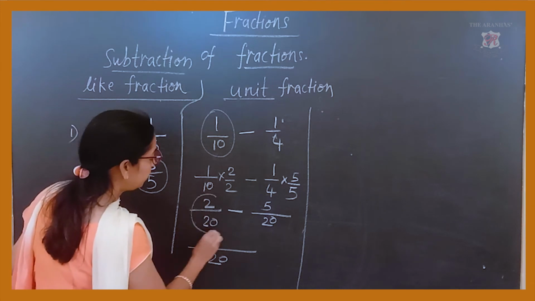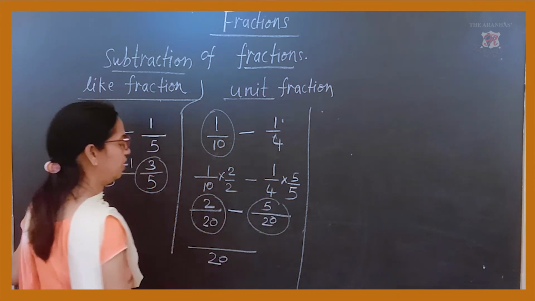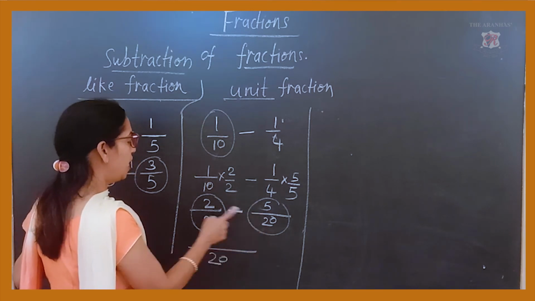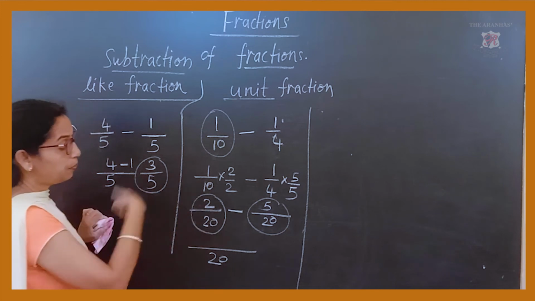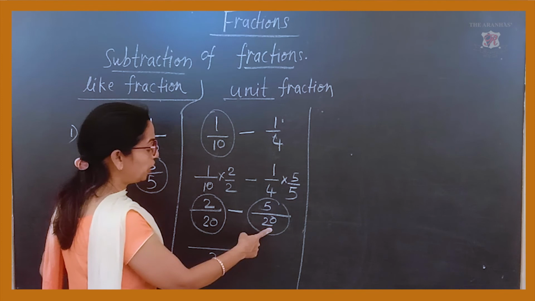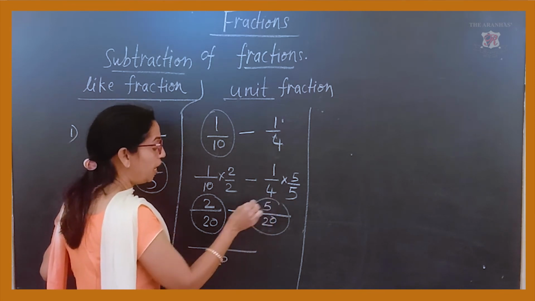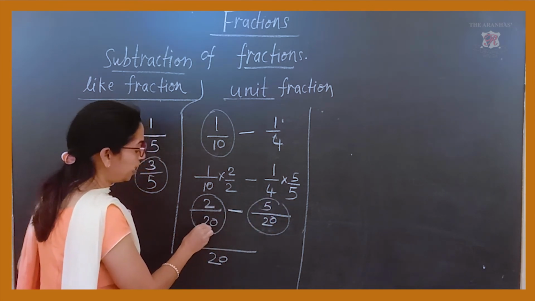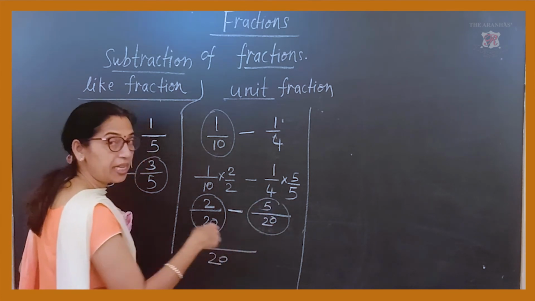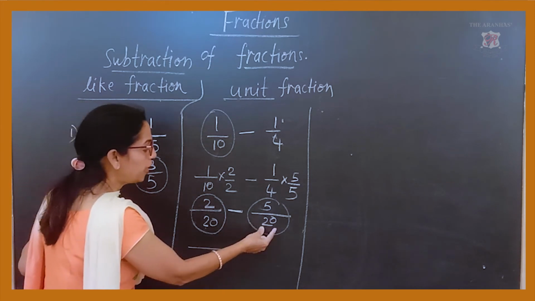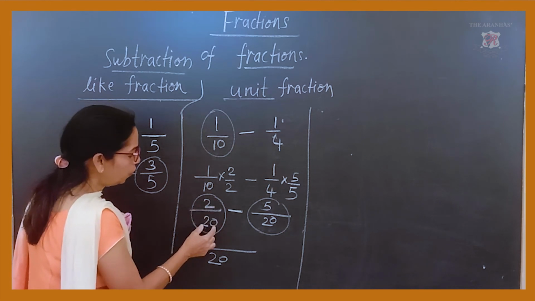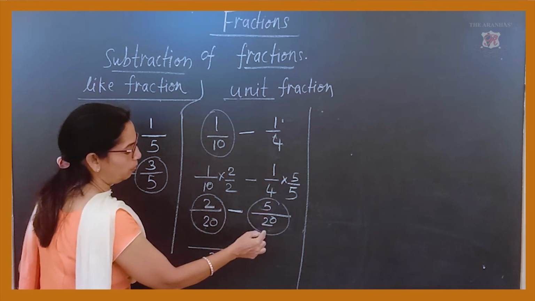Now when such a case is there, again you have to think. Here is 5 upon 20 and here is 2 upon 20. Previously we have seen that whenever we consider the denominators, we have to think of the numerators. Though 2 upon 20 is given minus 5 upon 20, the fraction 5 upon 20 is bigger, because out of 20 it is 5 and out of 20 here it is 2. So 2 upon 20 is smaller than 5 upon 20.